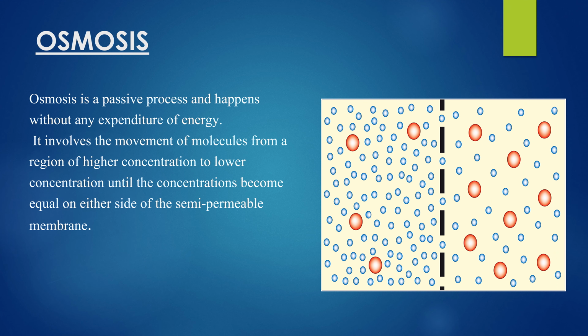Osmosis is a passive process that happens without any expenditure of energy. Water is absorbed by the root hair cell by the process of osmosis. Osmosis is the movement of water through a semi-permeable membrane from an area of higher concentration to an area of lower concentration. Now you must be thinking, what is a semi-permeable membrane?